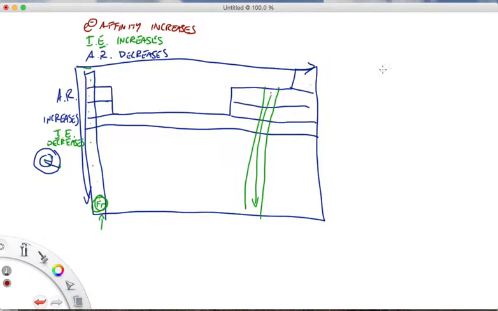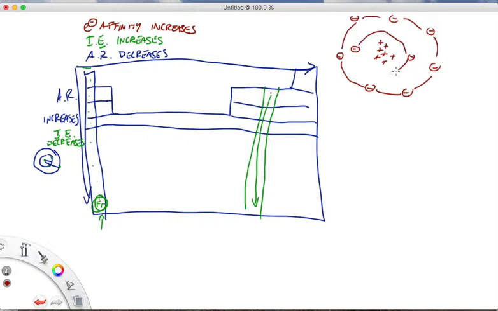Let's just compare something like fluorine. Fluorine's got 1, 2, 3, 4, 5, 6, 7 protons. I'm not going to draw the neutrons in. And it's got 7 electrons in the second shell, 1, 2, 3, 4, 5, 6, 7. I'm just drawing it out right here. And there's 2 in the middle. Okay. And this is very expanded.